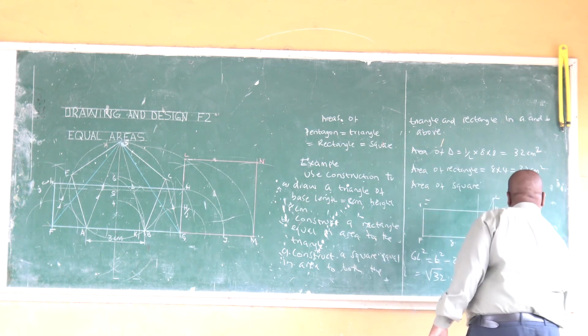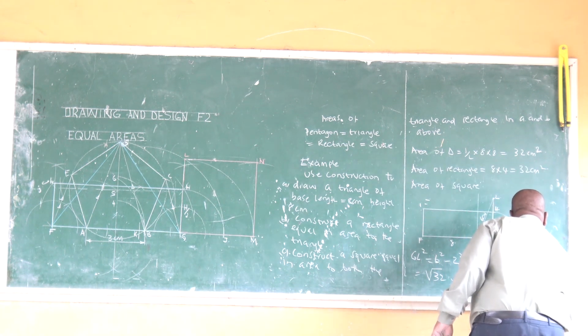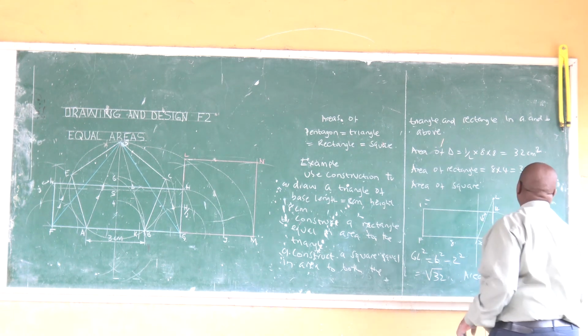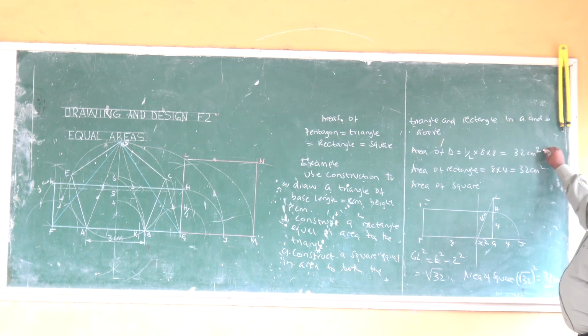Therefore, it means it's the square root of 32 squared, which is equal to 32 centimeters squared. And as you can see, it's equal to the area of the triangle, equal to the area of the rectangle, and equal to the area of the square.